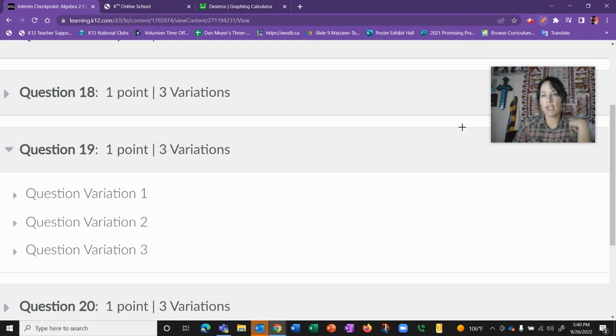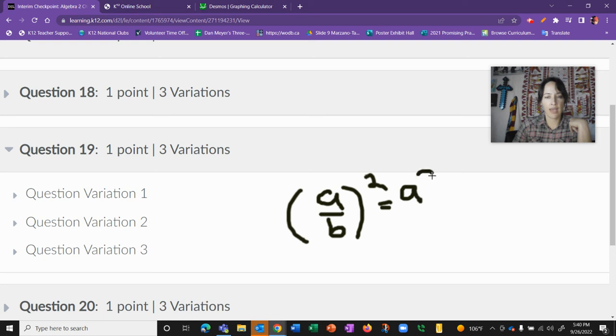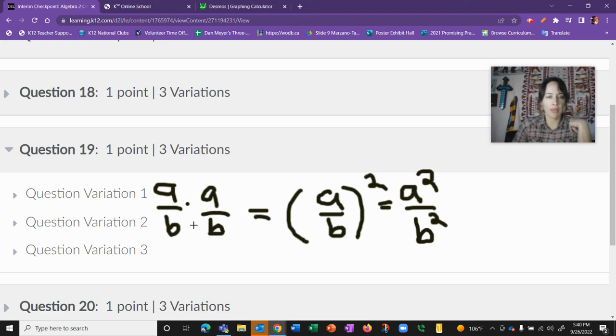Okay, tip and trick. When squaring a fraction, if you square it, you have to square the numerator and the denominator. And that makes sense, right? Because if I have a over b times a over b, that is how we multiply fractions.